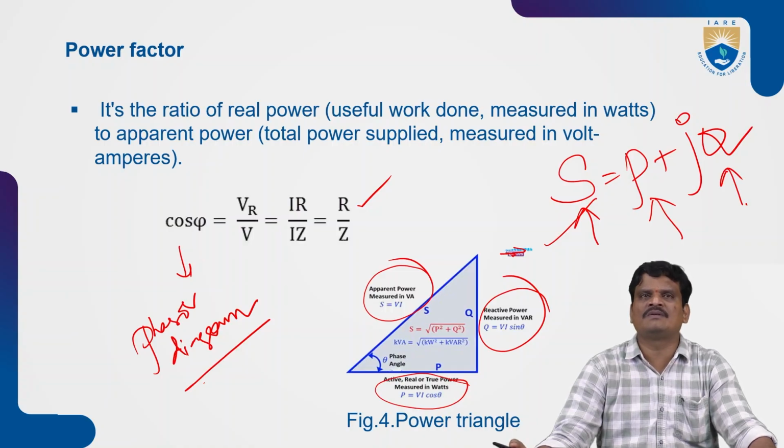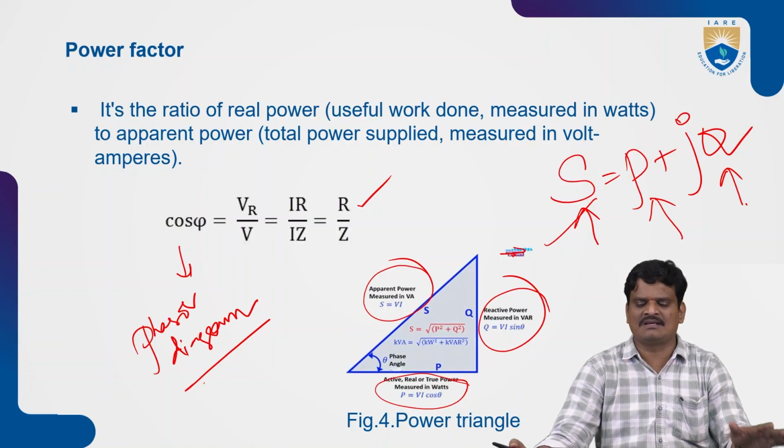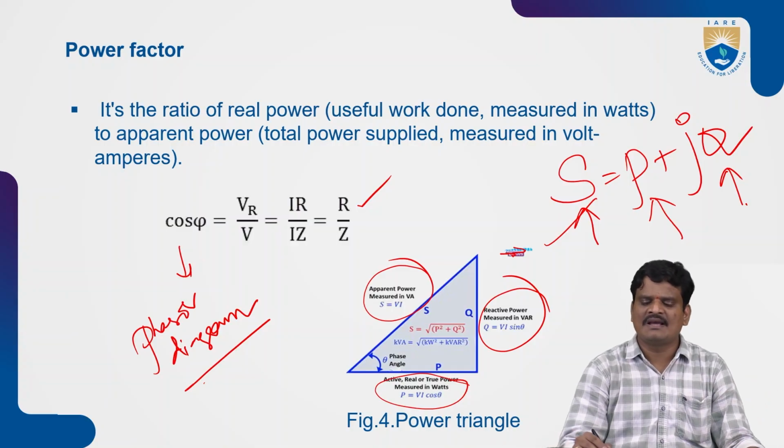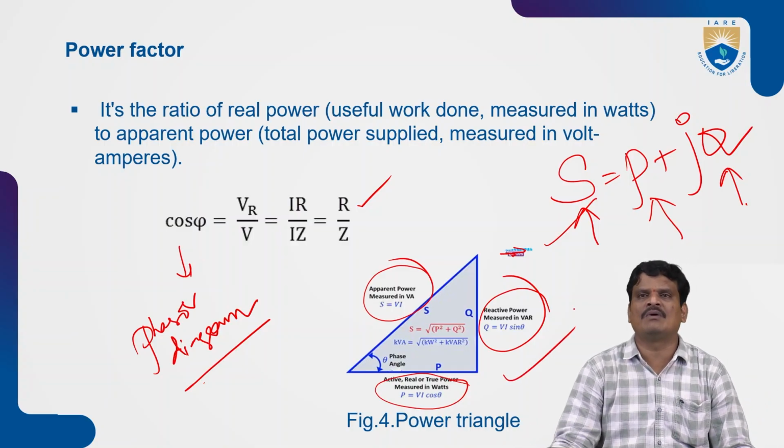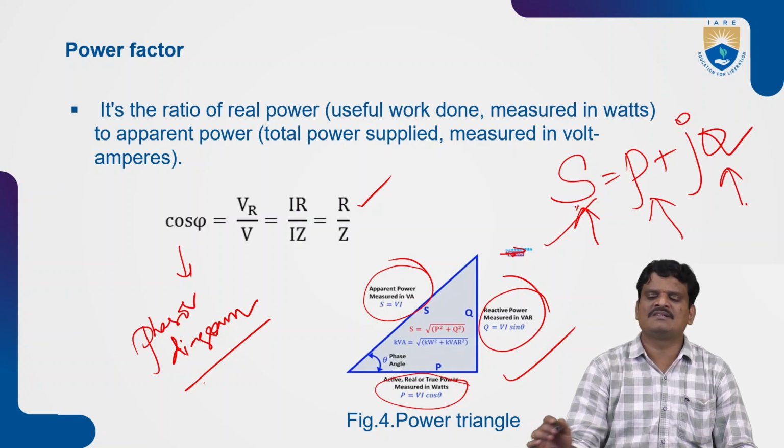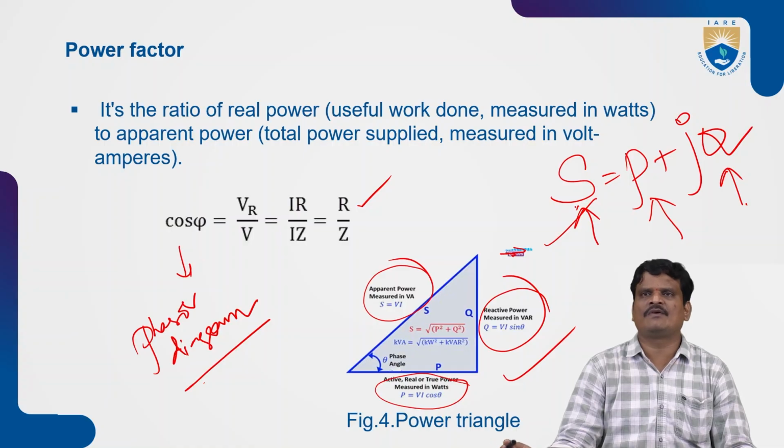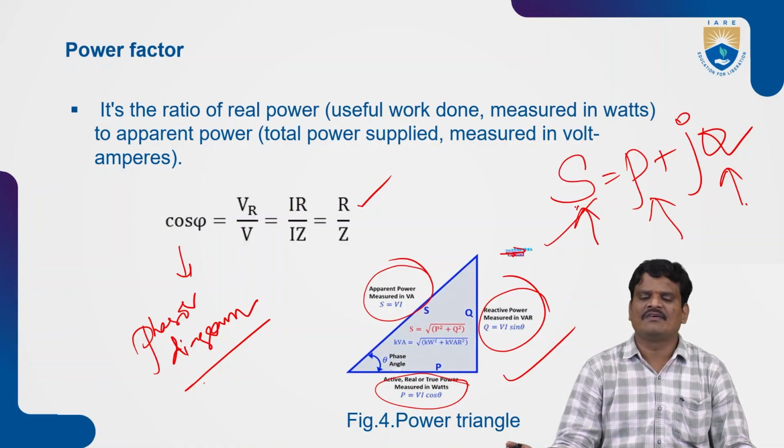We represent all those powers in a simple triangle, and hence it is considered a power triangle, where S represents the total or apparent power of a circuit in terms of VA.